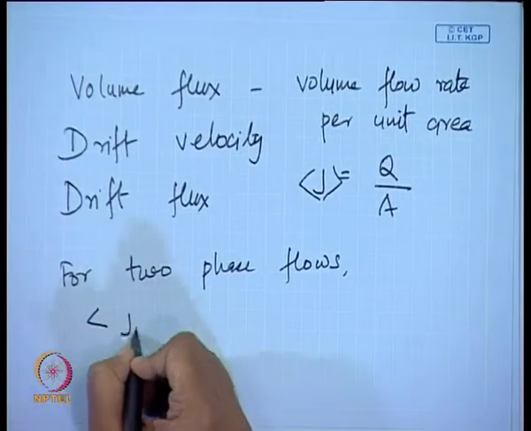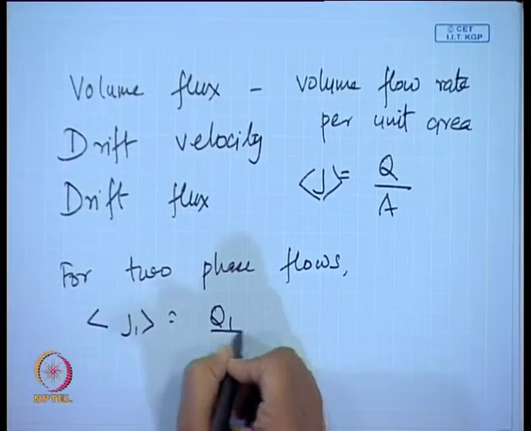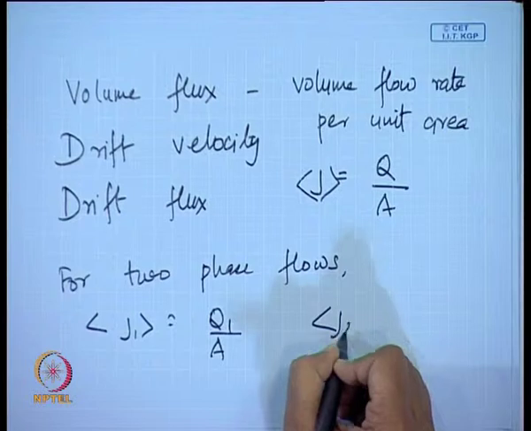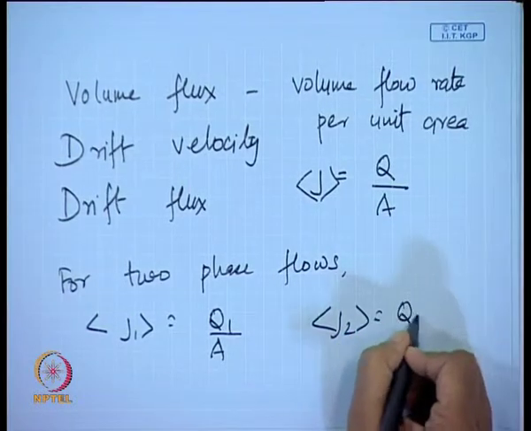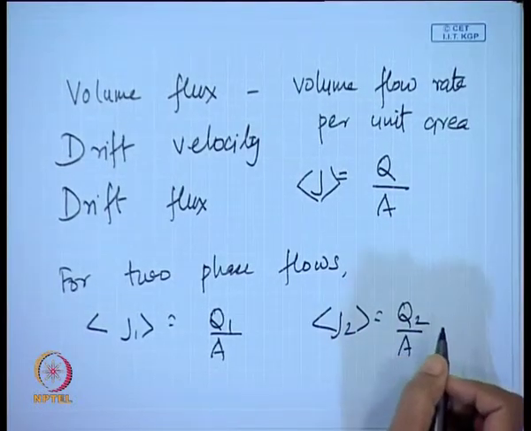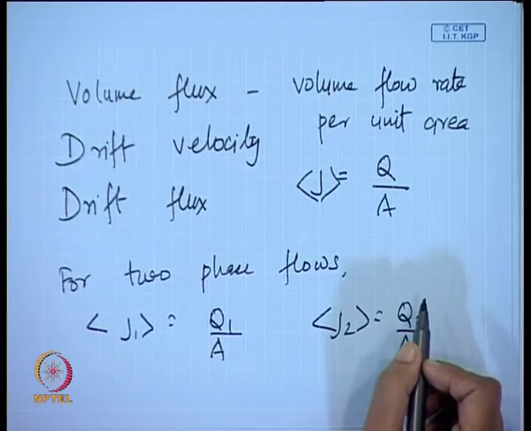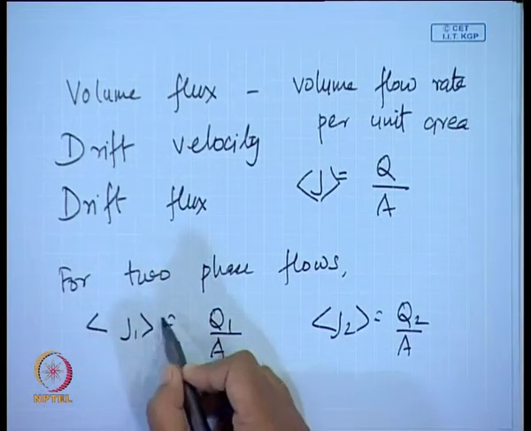So, J1 equals Q1 by A, J2 equals Q2 by A. All these denote the average volumetric flux.